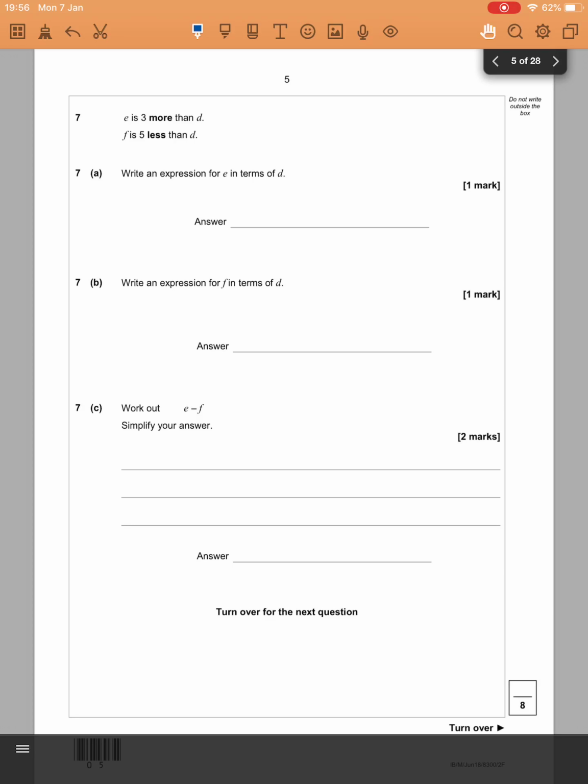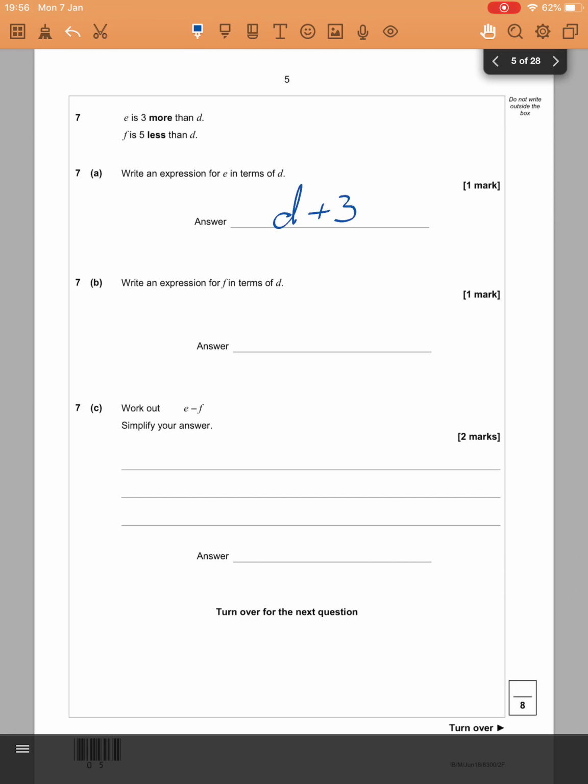Question 7. E is 3 more than D. F is 5 less than D. So write an expression for E in terms of D. So we're told that E is 3 more than D. So if we start with D, E is 3 more than that. So E is D plus 3.